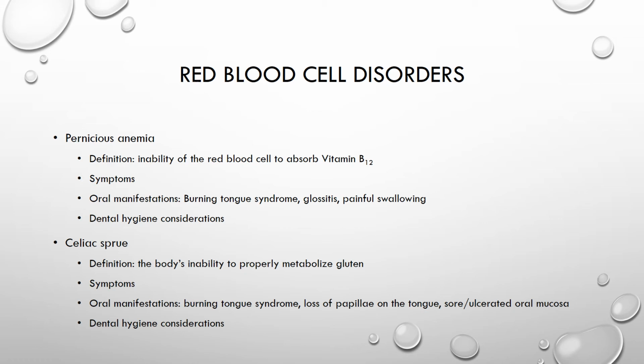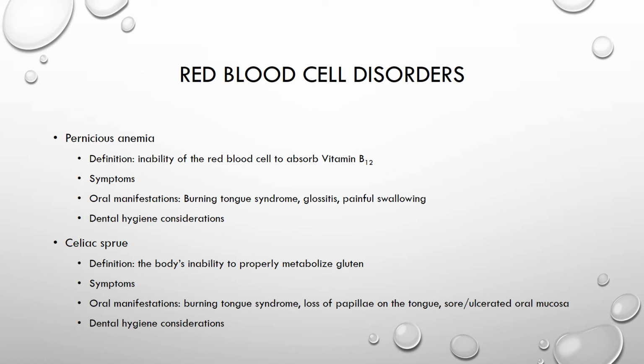with a B12 deficiency. Celiac sprue is the body's inability to properly metabolize gluten. And we probably all know patients that are sensitive to gluten. They need gluten-free products. Symptoms include nervousness, diarrhea, and extreme paresthesia.